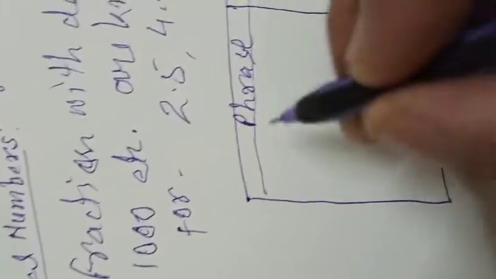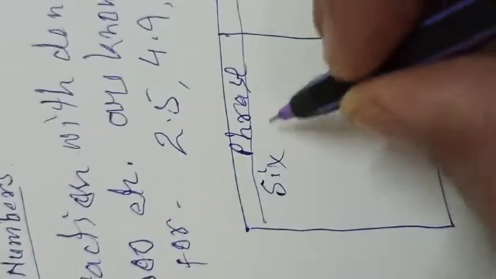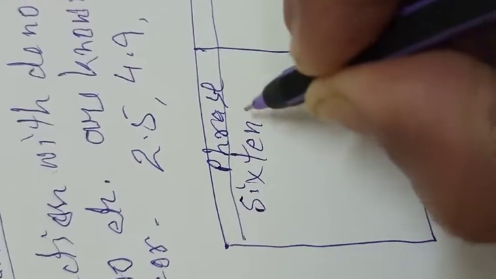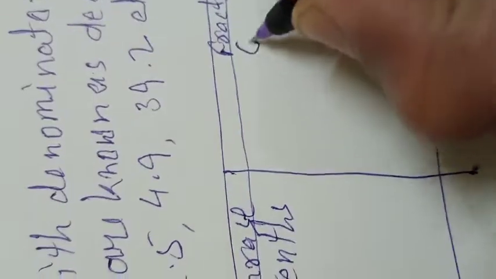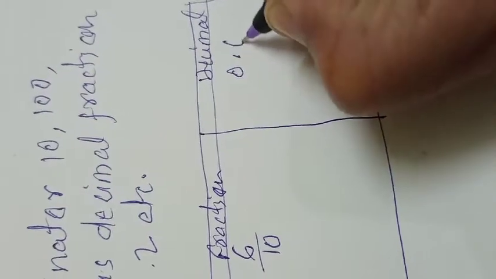Like this. First, 6/10. The fraction is 6/10. Its decimal is 0.6.